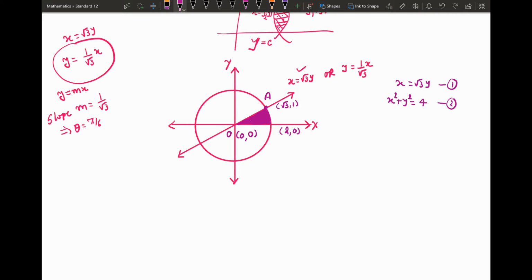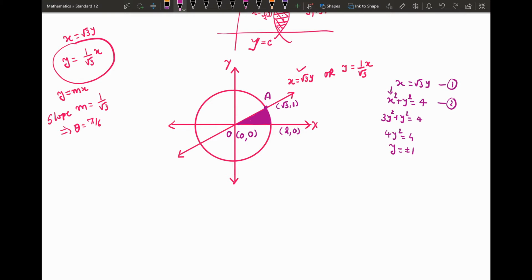Here you simply put x equal to root 3y. So 3y square plus y square equal to 4, so 4y square equal to 4. So finally y equal to plus minus 1. In the first quadrant we take y equal to 1.